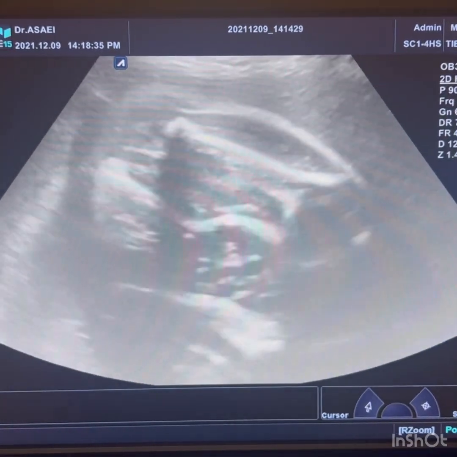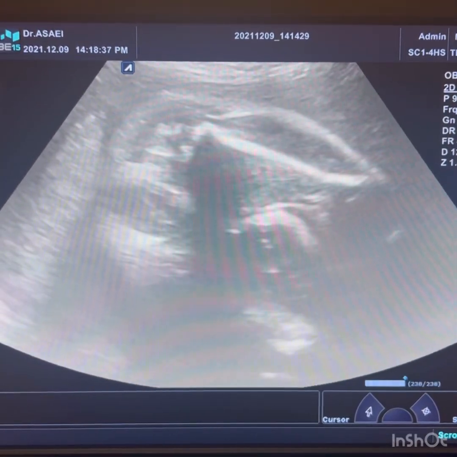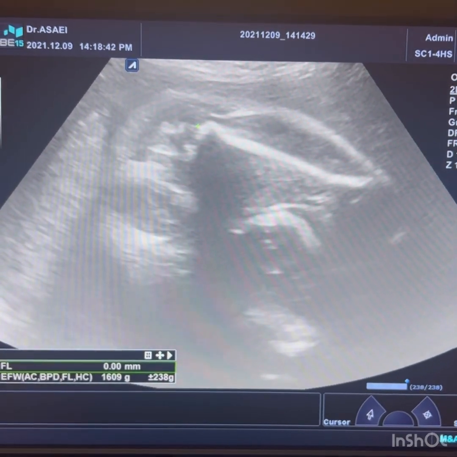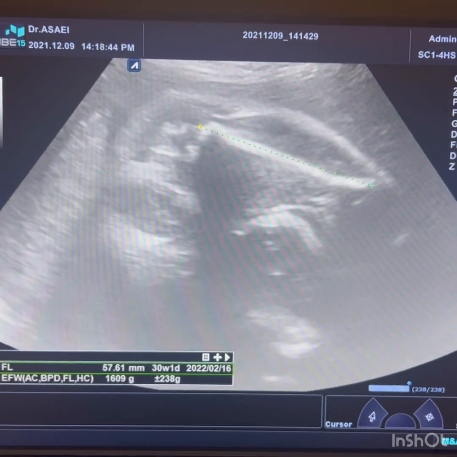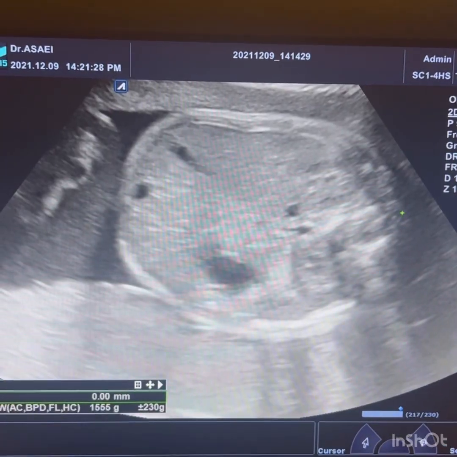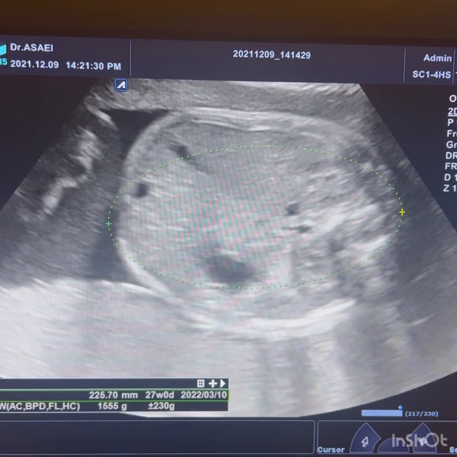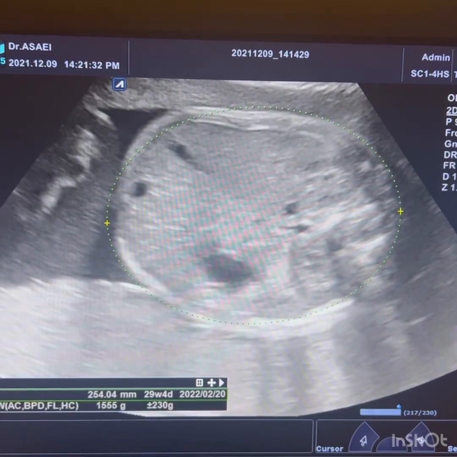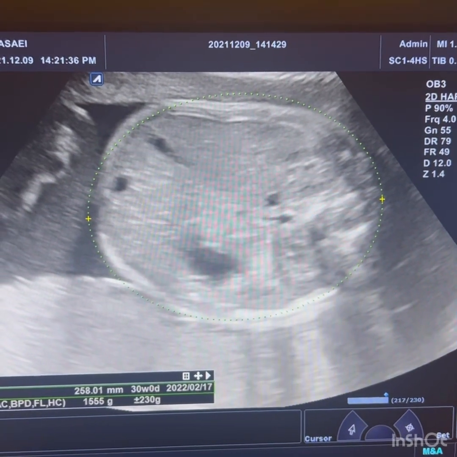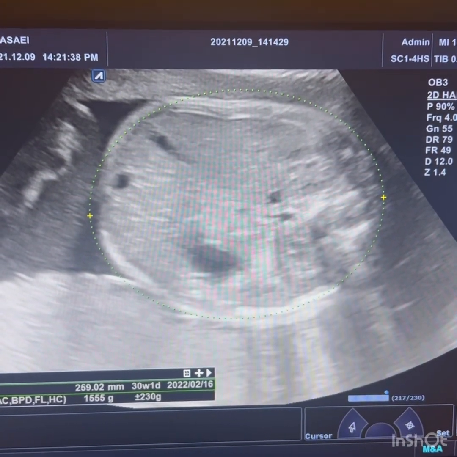If we measure femoral length in this fetus, it is about 57 millimeters, compatible with 30 weeks and 1 day. And its abdominal circumference is about 26 centimeters, compatible with 30 weeks and 1 day.